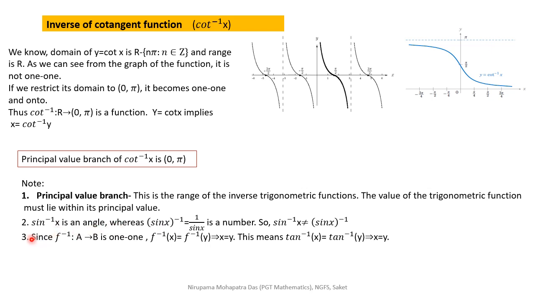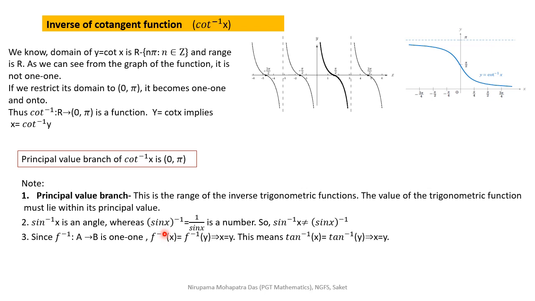Why? Because sin inverse x is an angle. When we say cot pi by 4 equal to 1, cot inverse 1 is pi by 4. So cot inverse 1 is pi by 4 means pi by 4 is an angle. So cot inverse 1 will be an angle. So in general, sin inverse x, cos inverse x, tan inverse x, all these are angles.